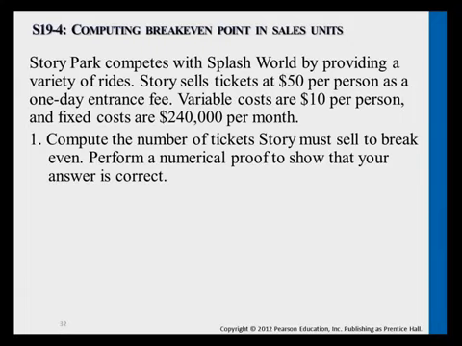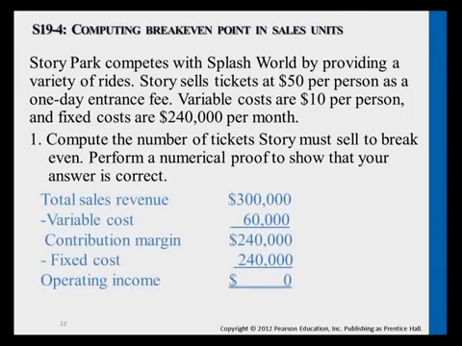So let me give you a minute to try it on your own first. Okay, so your total sales revenue is 300,000. Variable cost is 60,000. We subtract one from the other, and then contribution margin is 240,000. And then I also subtract my fixed cost, and my operating income is 0.